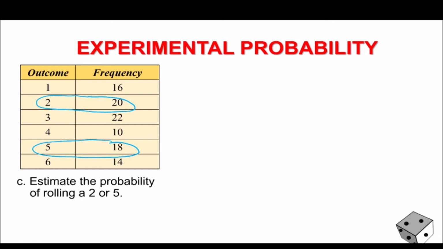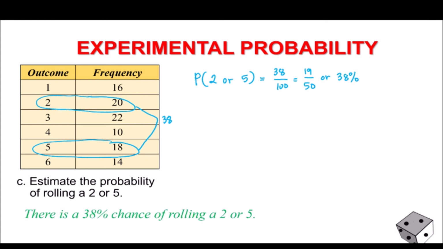The probability of getting a 2 or 5 will be the sum of the frequencies of 2 and 5 divided by the total number of trials. So 38 over 100. In simplest form, that is 19 over 50, or in percentage, 38%. So in conclusion, there is a 38% chance of rolling a 2 or 5.